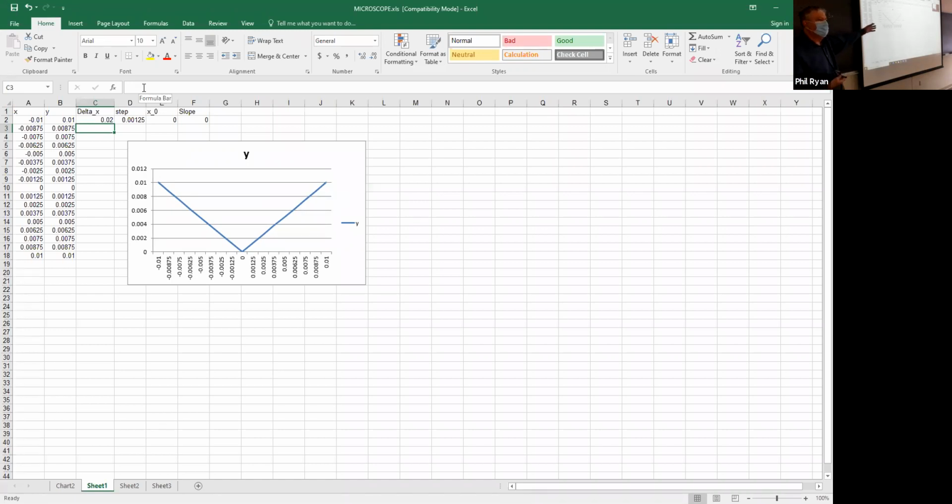Do you see the tangent line there? Yes. So all I'm doing is taking the slope of this line here. You're not seeing any tangent line here.